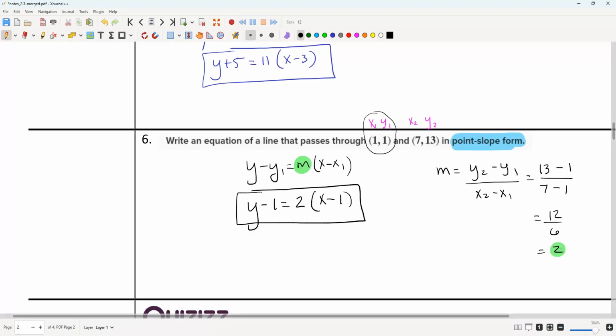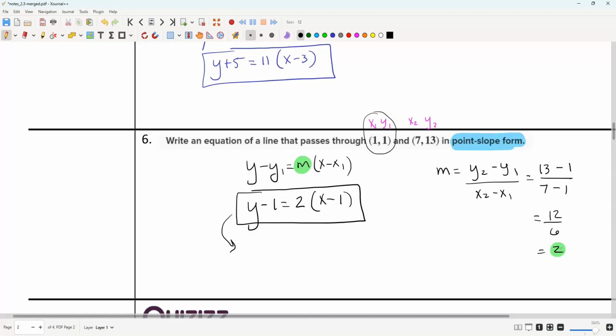Now, if we wanted to then take our point slope form and change it into slope intercept form, well, that wouldn't be too bad. We would just take this form and we would solve for y. So we'd have to distribute, and then we would have to get this term to the other side. So let's just do that here.